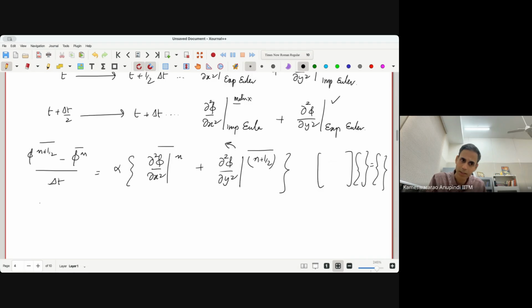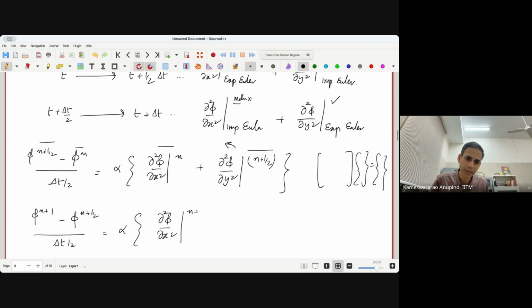Similarly, in the next time step, when you go from t plus half delta t to t plus delta t, we will have phi n plus 1 minus phi n plus half divided by delta t by 2. Yeah, this should be delta t by 2 because we're going half step as such. And this is going to be alpha dou square phi by dou x square at this. We want to make it now implicit.